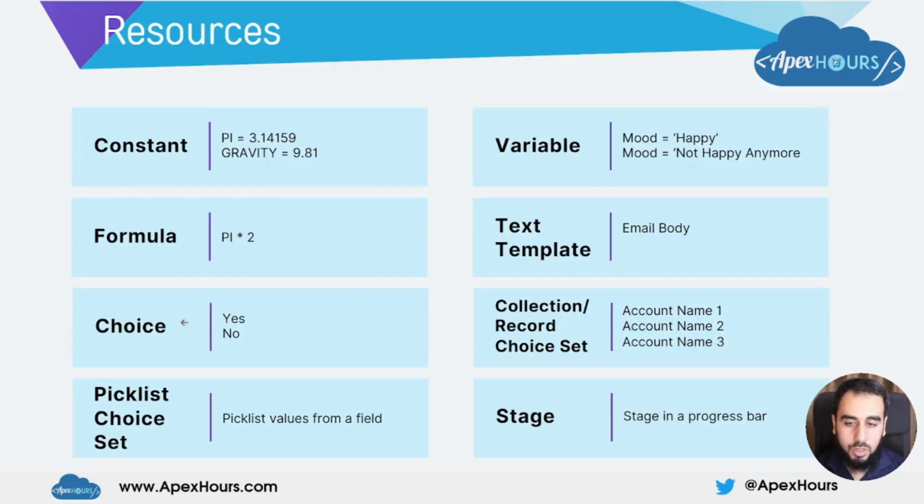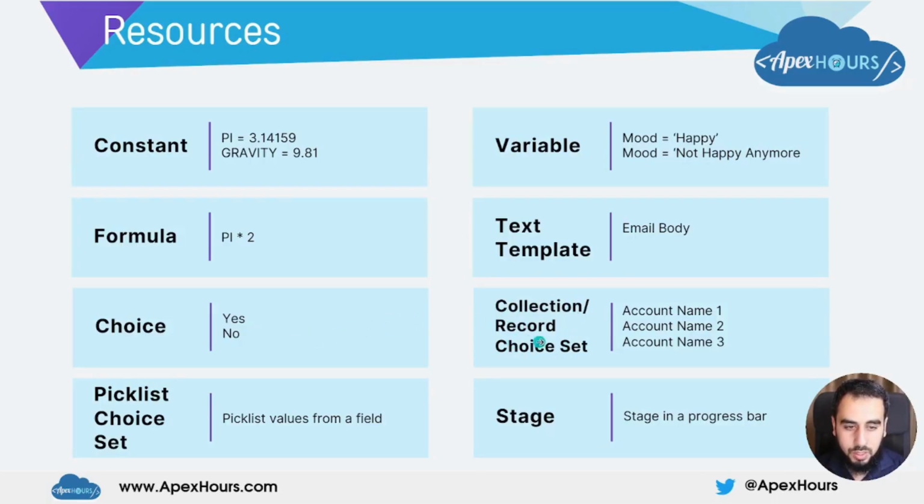You don't want to set it manually, like yes and yes and yes, so that in the future, and it's unlikely to happen here, if that yes changes to yup, and no changes to nada or something, you change it at the choice level, and then it automatically changes in all those three places instead of having to change them one by one.